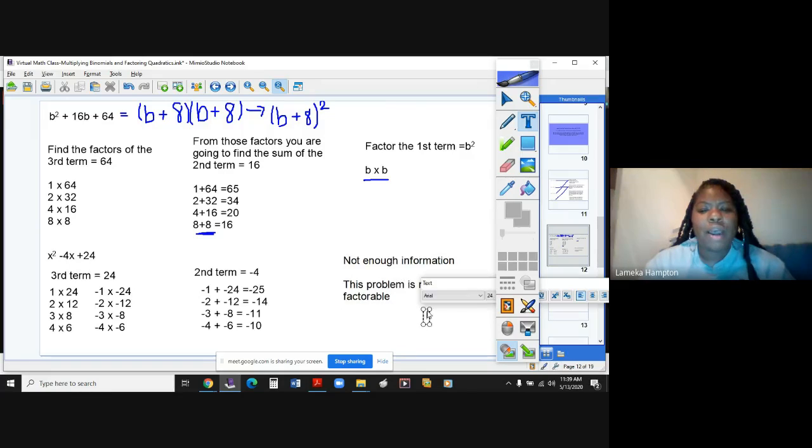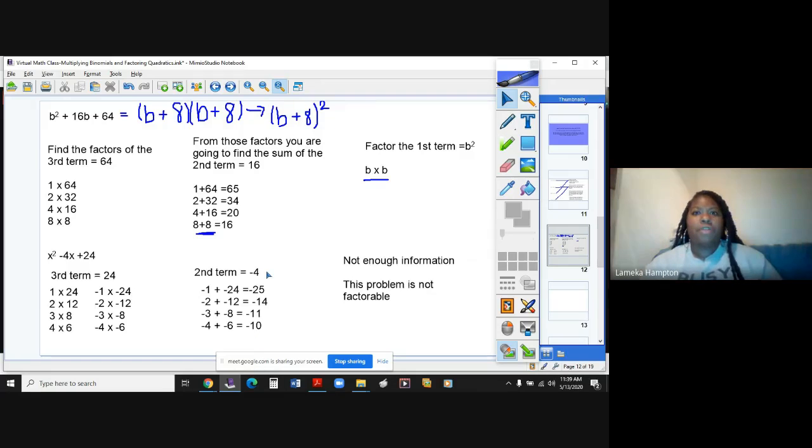The reason why this problem is not factorable is because none of these answers match my second term. So because none of those answers match my second term, I don't have to do the third step, which is factor the first term, x squared, because it's not going to make any sense. I don't have any numbers that if I add them together will give me a -4. But I do have numbers over here that if I multiply them together will give me 24.